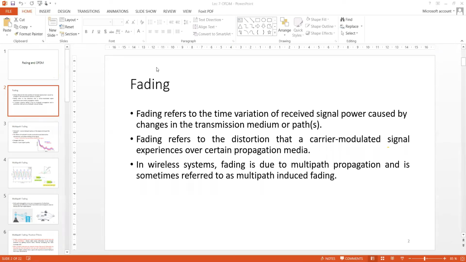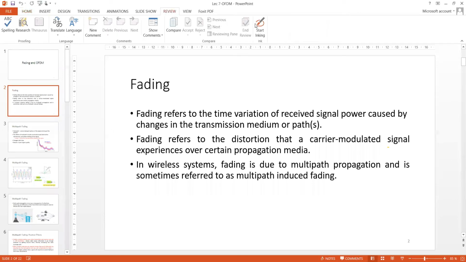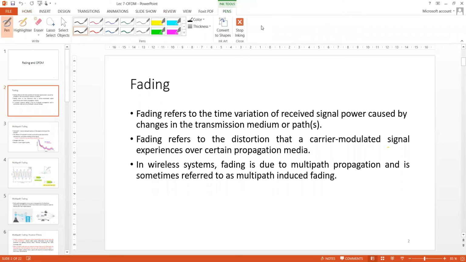So what actually is fading? If we want to understand the concept of fading, fading actually refers to the time variation. You have studied previously that whenever a signal is transmitted between the transmitter and receiver module, and the channel in between is a wireless channel, obviously the signal undergoes several changes.